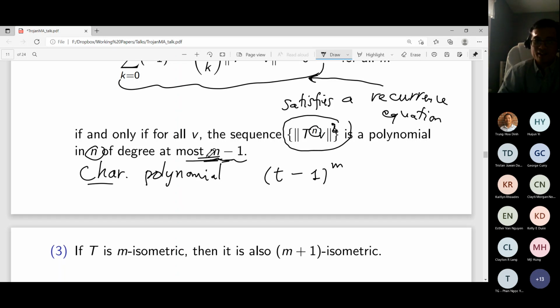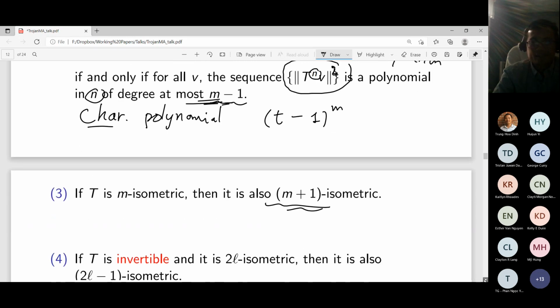So in particular, it's of degree at most (m plus 1) minus 1 as well. That's why whenever T is m-isometric, it is also an isometry of higher degree. If T is m-isometric, then it's also (m plus 1)-isometric and so on. Going lower is in general not possible.